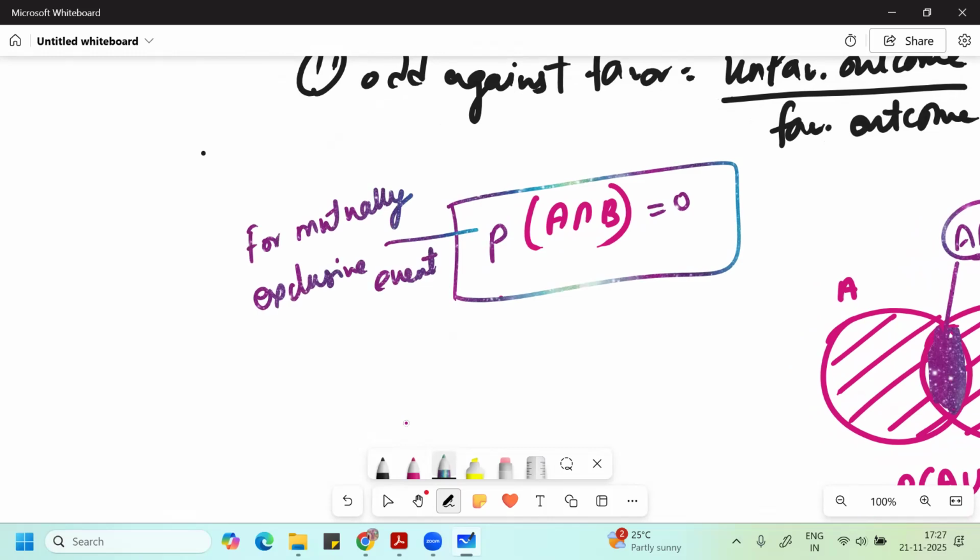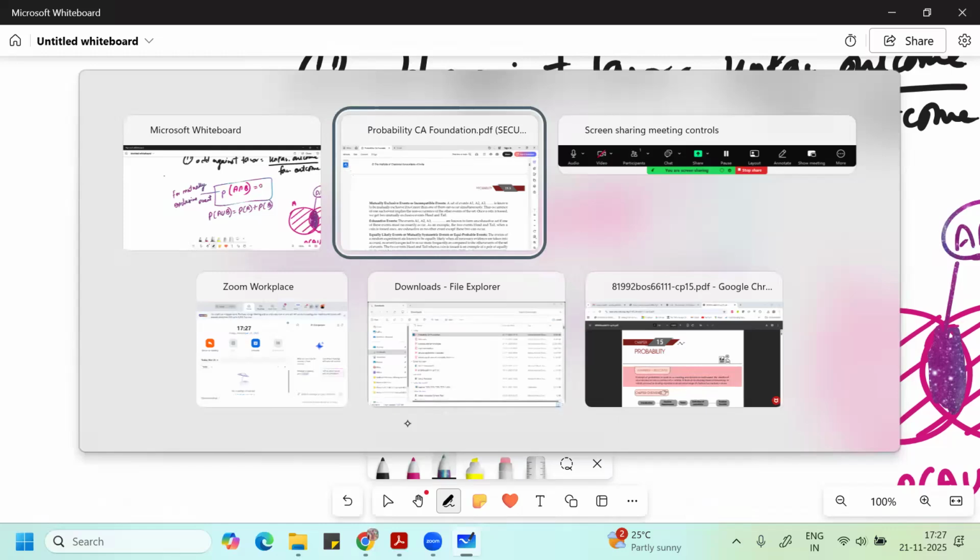A intersection B means that both are happening together, but mutually exclusive events cannot happen together. So for mutually exclusive events, probability of A union B is equal to probability of A plus probability of B. Remember this.